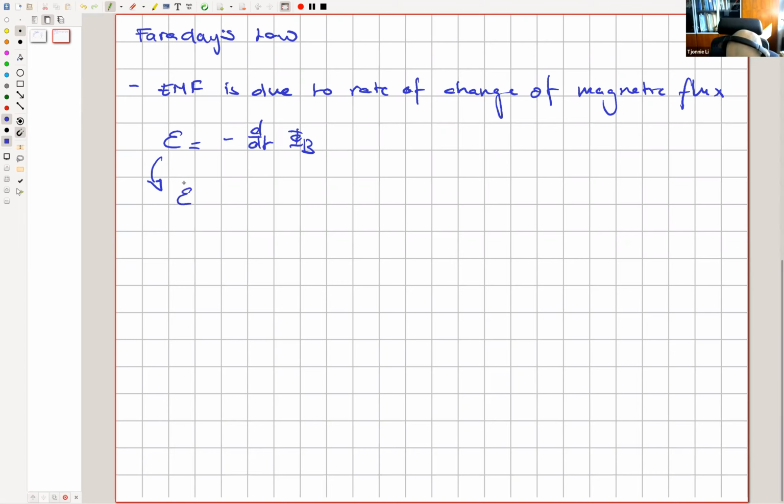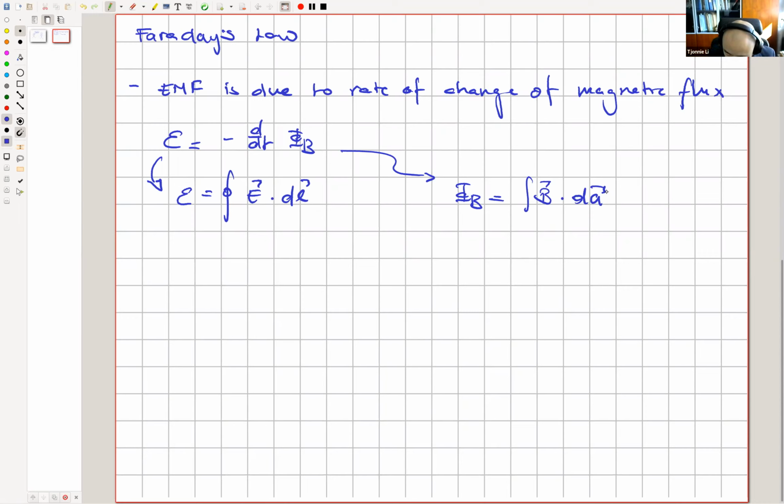So this E is given by the integral of the electric field over some loop, whereas the magnetic flux is given by the integral of the magnetic field across some surface. Okay, so this is exactly what we very early on in the lecture course discussed, which is how many field lines cross a particular piece of surface.